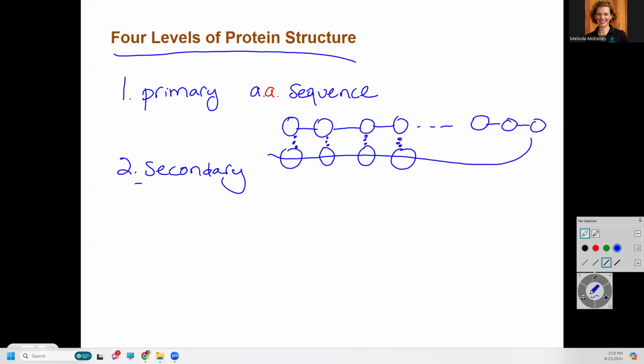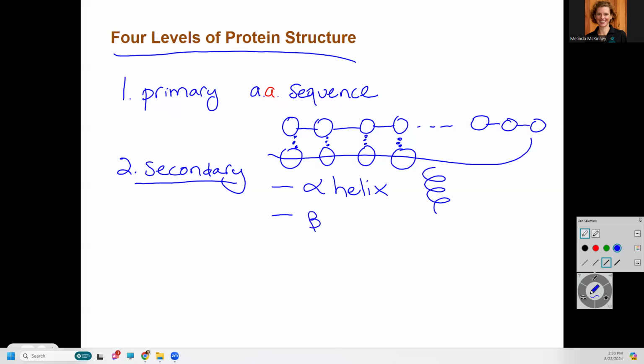That would be the secondary structure, and there are 2 main types. There's what we call the alpha helix, which results in a spiral structure and looks like a spring when it's diagrammed.